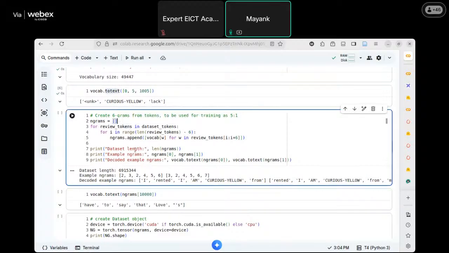All right. So we are training a 6-gram model. We have all the tokens of our data set in the dataset tokens array. We want to break it down into sequences of 6.